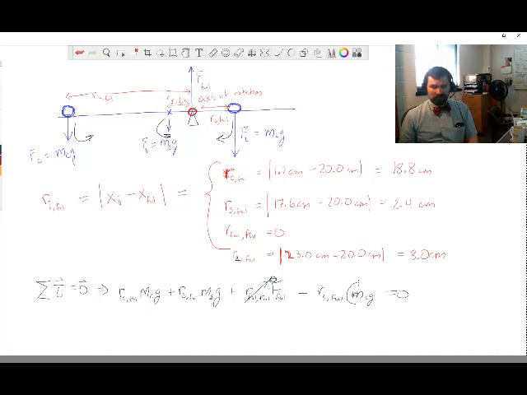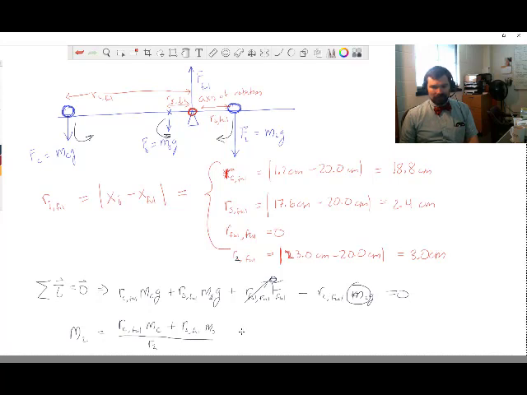We're solving for M2, so M2. Now we have two terms to move over and then divide. So we end up with R sub C fulcrum times M sub C plus R sub S fulcrum times M sub S, and then that's divided by R2.